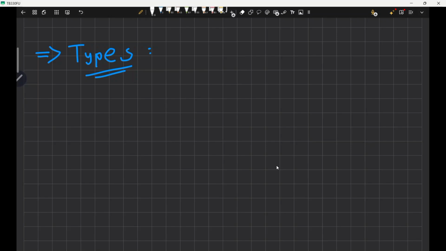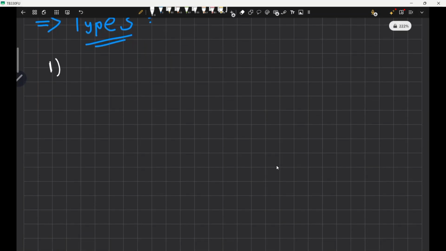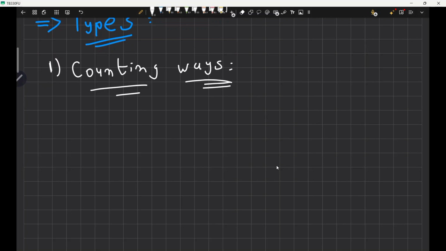The first type is when you have to count something, so it is counting ways. Let's say you are given some data and you have to count how many ways you can reach n, or how many ways you can do the work, or something like that.